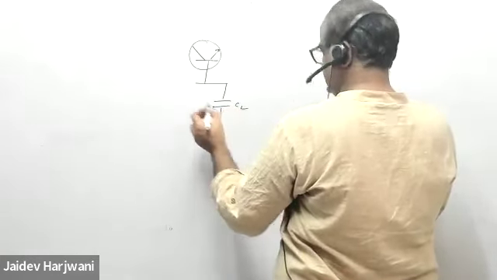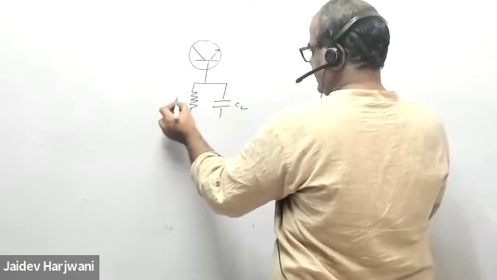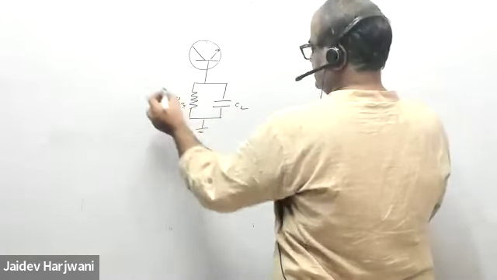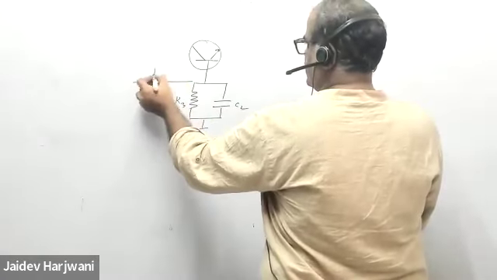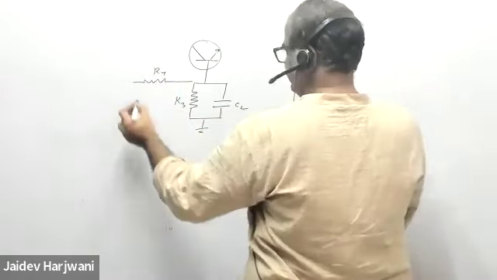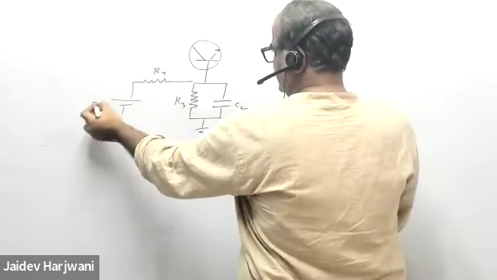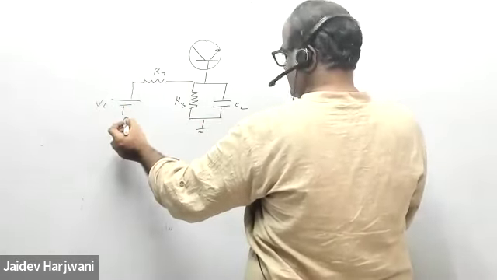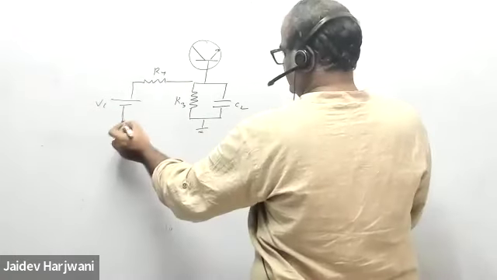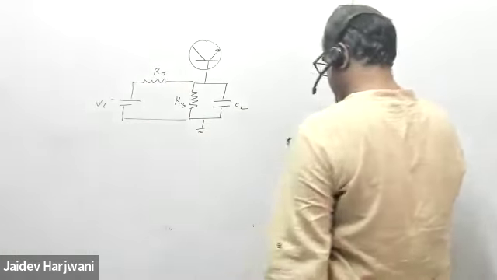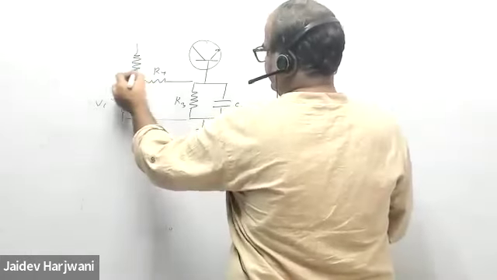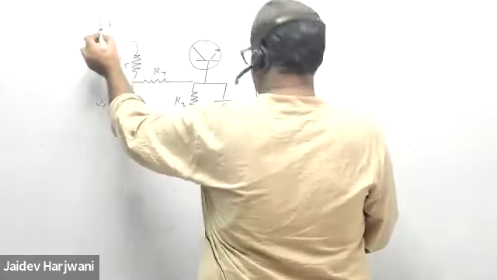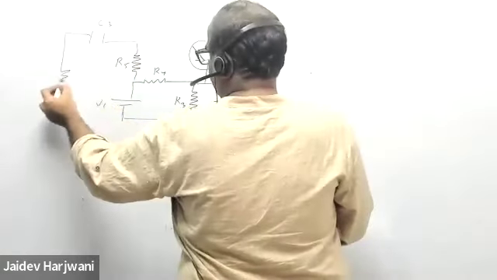C2, R3, R4, then here VCC or VC, whatever is given, the VC voltage, and this is connected here, and then you have R5, C3 here, R6 here.